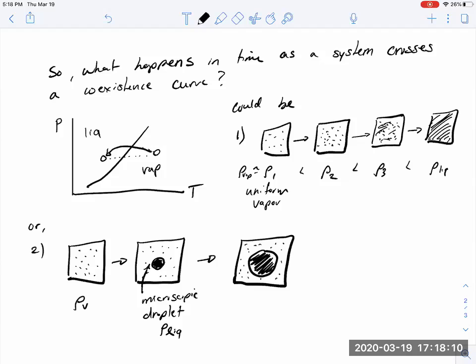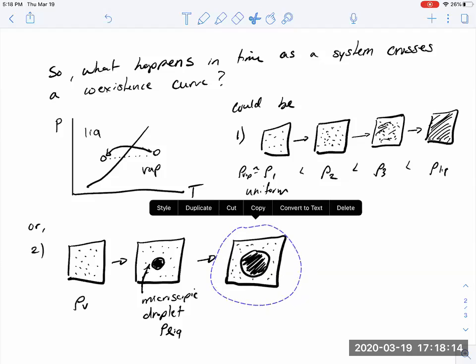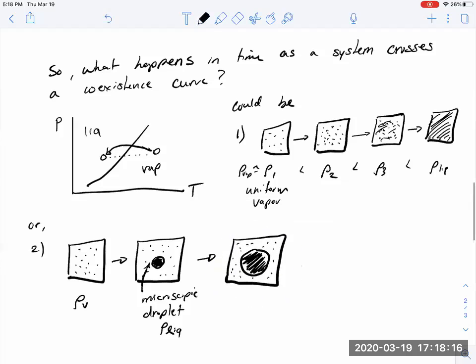So I still have the vapor being at its preferred density and a liquid growing in at its preferred density, and the total system density is increasing by increasing the ratio of the amount of liquid to the amount of vapor.